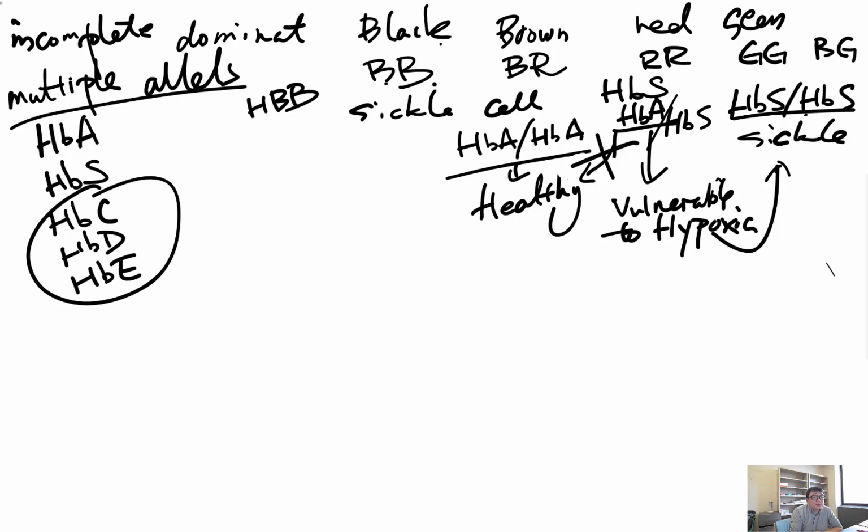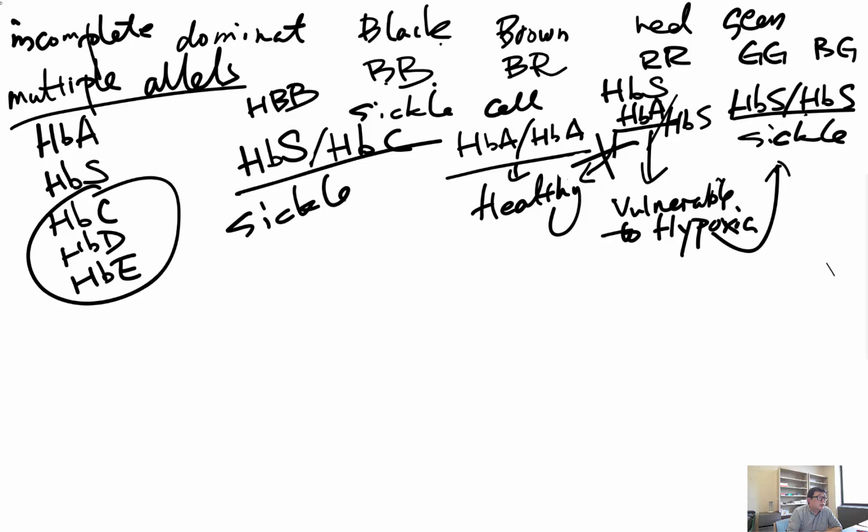So we already said HBS, HBS is the most severe form of sickle cell. However, if people have HBA and HBC, it's largely fine. However, if a person has one allele of HBS plus HBC, there's still a sickle cell, although it's less severe. So this is called multiple alleles. Now you have more than one combination, which makes things more complicated: more than two alleles, multiple alleles.